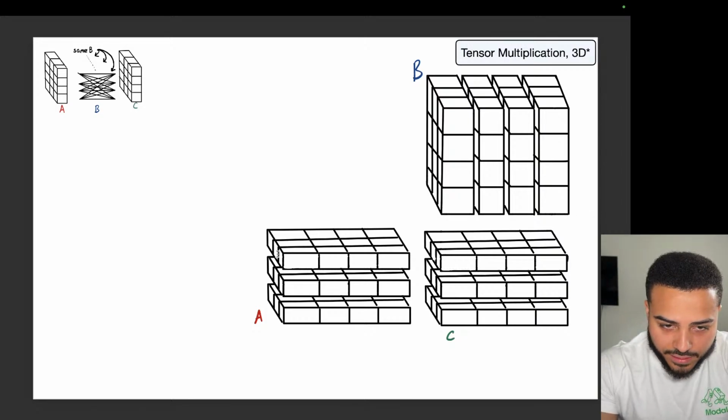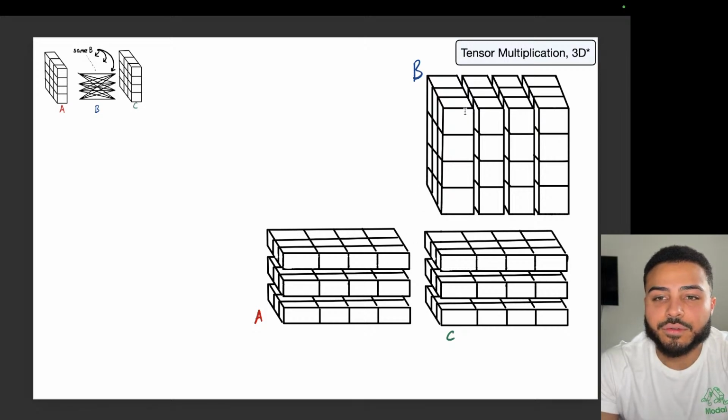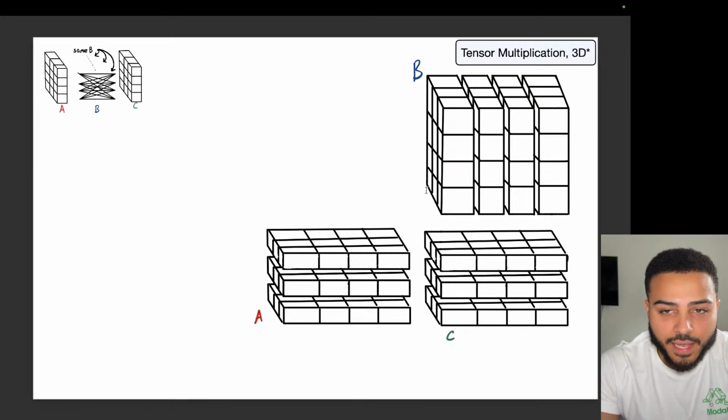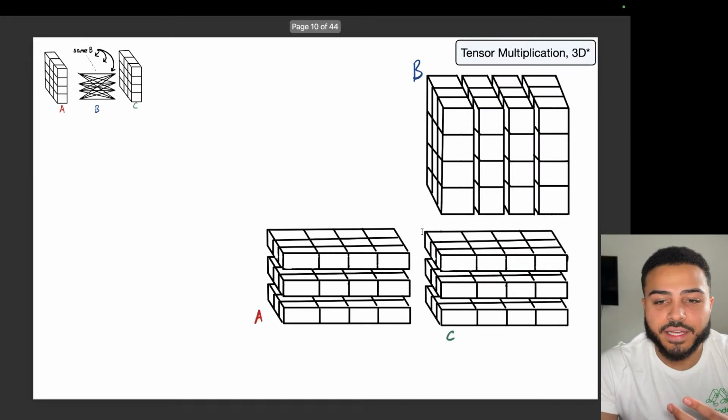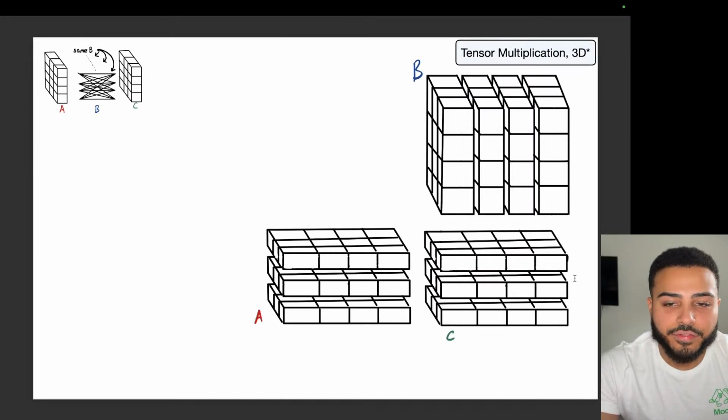So now we could think of this as an input matrix into this tensor multiplication, and if we just follow the same laws from the 2D case, then we can get a 3D output.